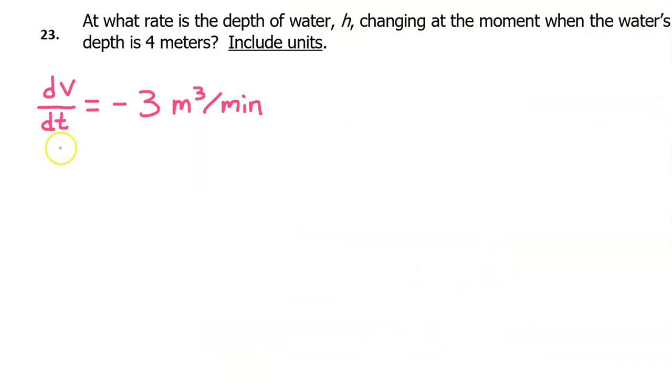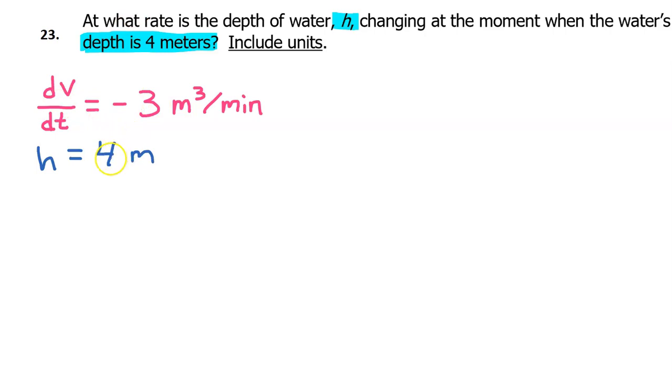So we know that the rate of change of volume is negative 3 cubic meters per minute. We also know that we are dealing with the moment in time when the depth of the water is 4 meters, and that's h. So at this moment, h is equal to 4 meters.